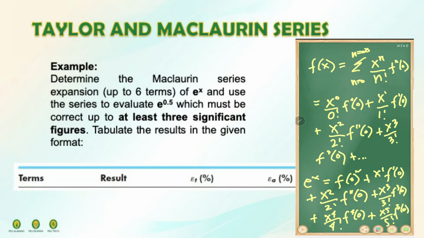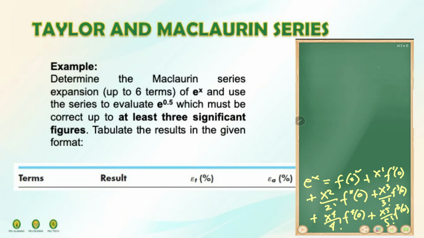Okay, so let's first try to approximate the value of e raised to the x power. What makes it really simple is when you take the derivative, and this is frankly one of the amazing things about the number e: when you take the derivative of e to the x, you will get e to the x also. So the derivative of e to the x with respect to x is equal to e to the x.